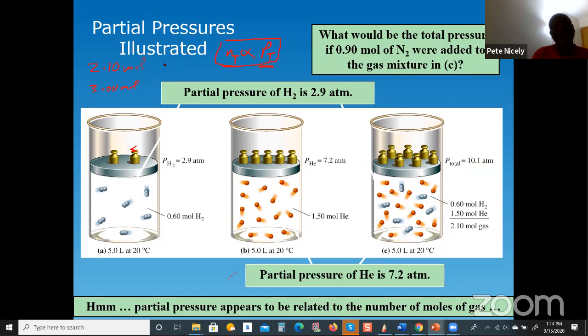The total pressure initially was 10.1 atmospheres. So to find a new pressure, you do a proportional relationship. The new pressure, P total, would be equal to 10.1 atmospheres times 3.00 moles divided by 2.10 moles.